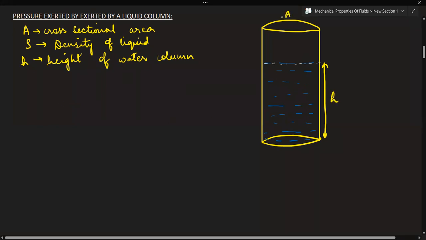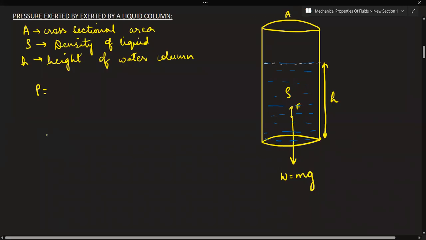And A is the cross section area of the cylinder, and rho is the density of this liquid. Fine. So see, the force that would be exerted would be equal to its weight, mg. What is the formula for pressure? If F is the force exerted and A is the area, can you tell me the formula for pressure?